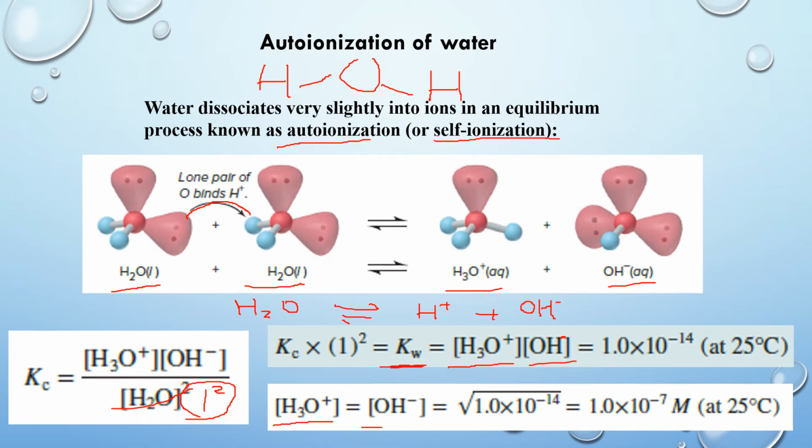So when you have water by itself, the amount of hydronium ion or proton is equal to the amount of the hydroxide. And because they're the product, when you multiply their concentrations, they equal 10 to the negative 14. So for each of them, the concentration is equal to 1 times 10 to the negative 7, and this is at room temperature.